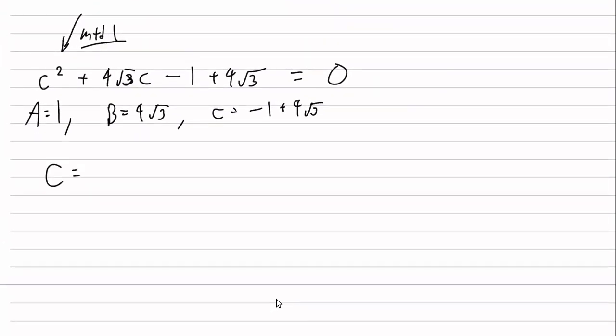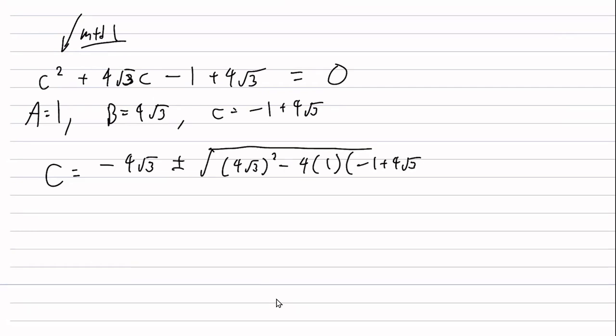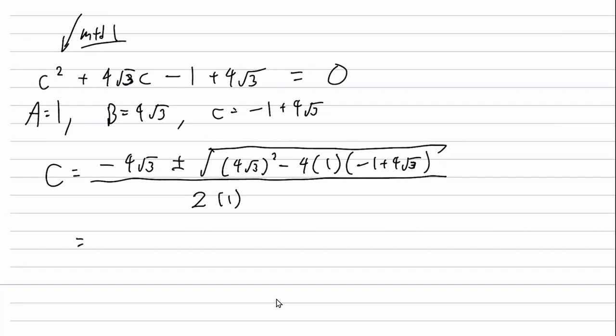Now we just need to solve for c using the quadratic formula. Negative B plus minus square root of B square minus 4AC, all divided by 2 times 1. And then you have a square root. Wow, very dangerous. Square root underneath and square root over. Square root of a square root is very difficult to simplify. Simplify. Minus 4 root 3 divided by 2, plus minus.